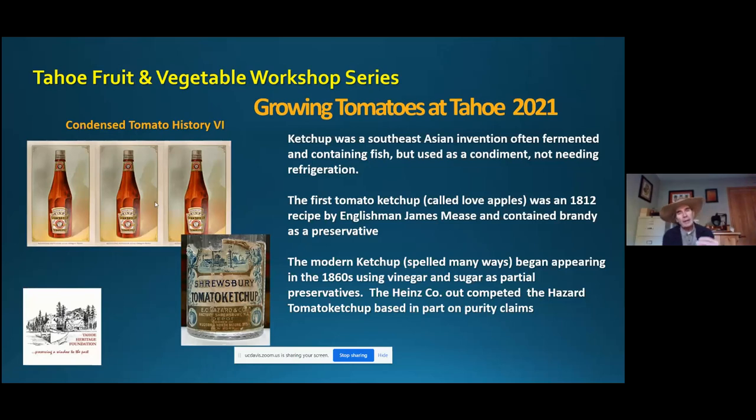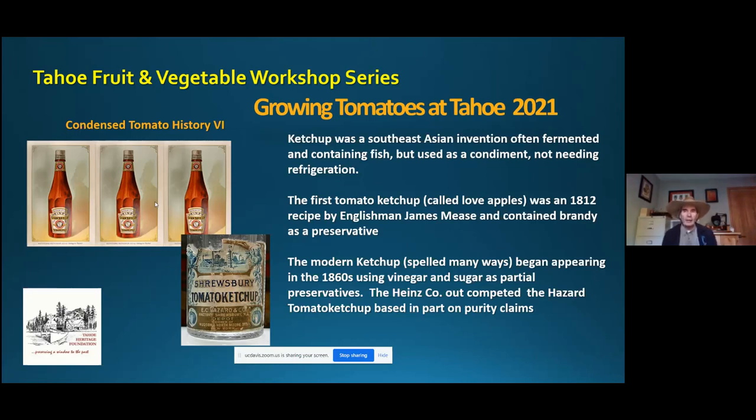A condiment here is defined as a spice or an addition to a food that did not require refrigeration. So ketchup was one, mustard was another, relishes and pickles were other condiments that did not require refrigeration because they had a preservative method used.